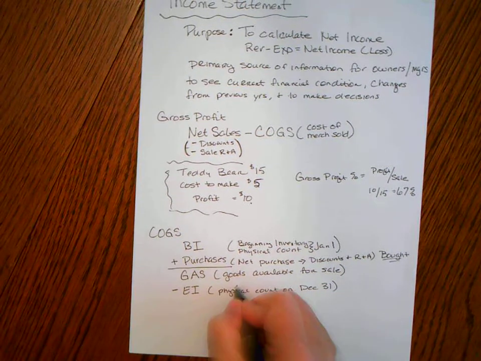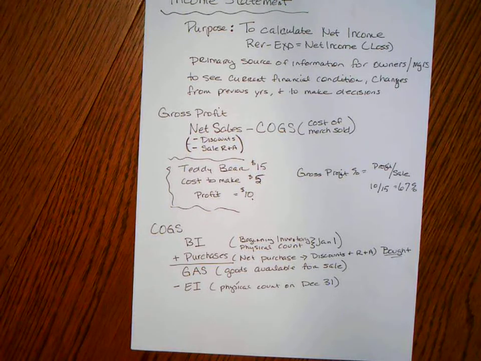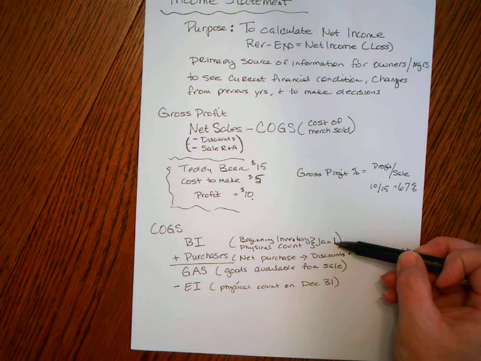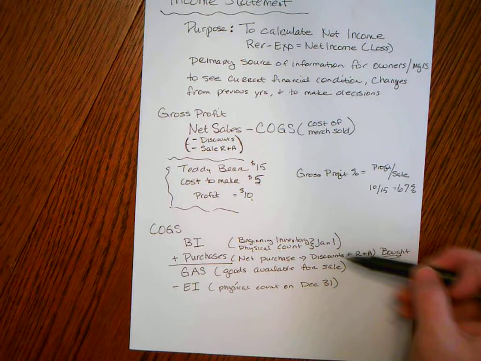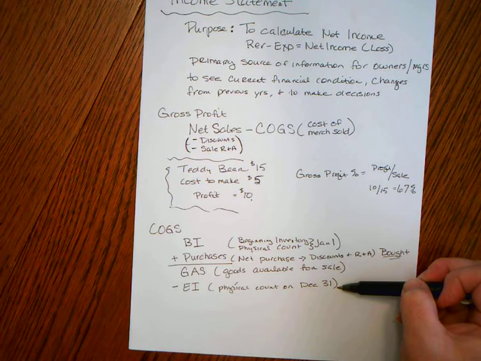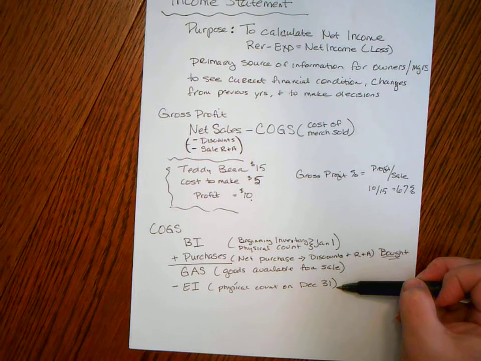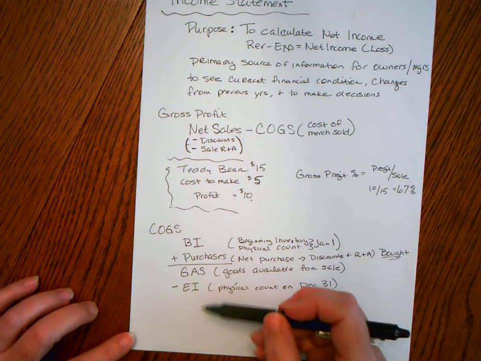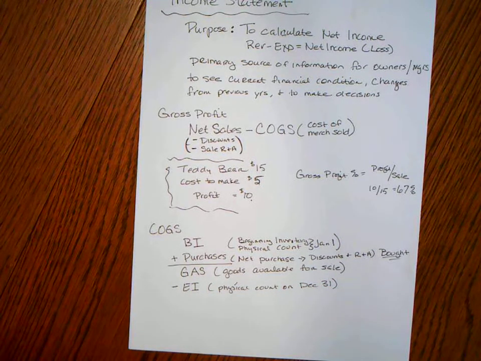And so when we figured this out before, when we looked at our worksheet, our ledgers have the information for January 1, because that's where it was sitting at the end of the previous year. We looked through our ledgers to find what our total purchases were. And then by doing our physical count for December 31st, we know what our ending inventory is. And we've done an adjustment in our worksheet from beginning to ending inventory. But this ending inventory is basically what you have left.